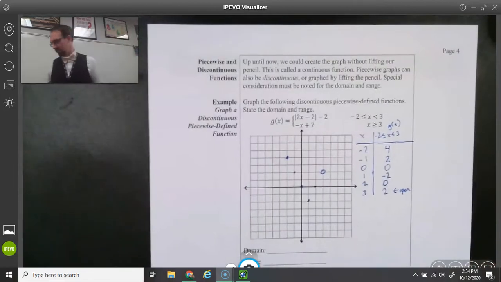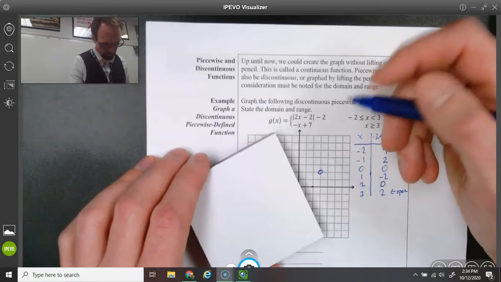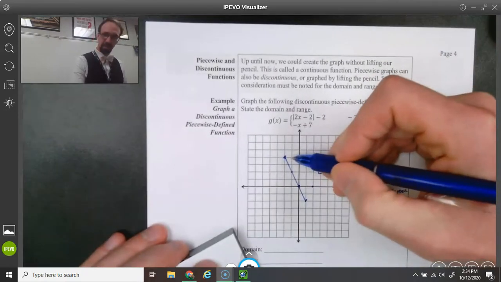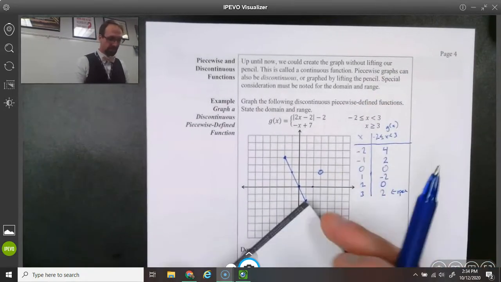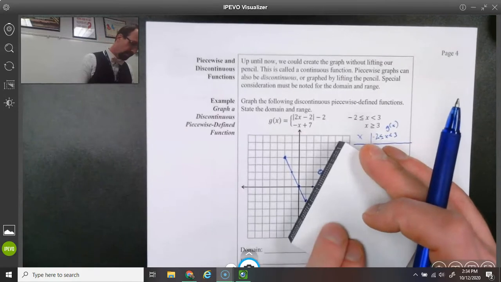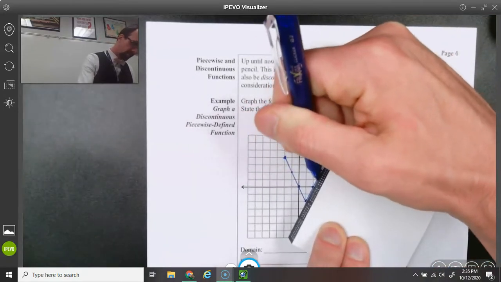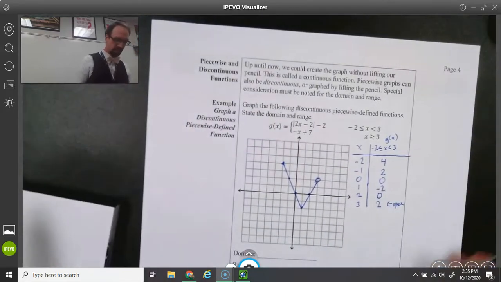So I'm going to connect these using a straight edge, being very careful to not go past this point right here, because that's as far as the domain takes us. And again, it's an open dot, so I'm going to make sure I don't fill that dot in when I connect it. There we go.